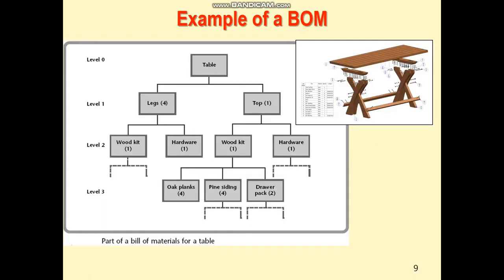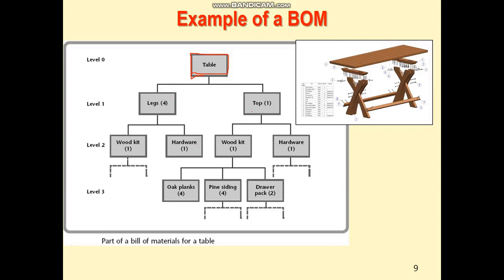So for you to understand more about BOM, let's look at this example. I have a table, and to make a table we need one top and 4 legs. To produce the legs, we need one wood kit and one hardware.